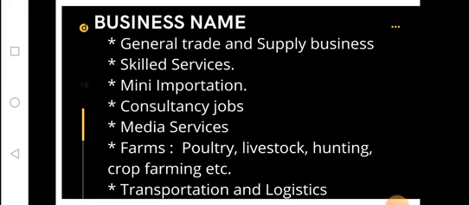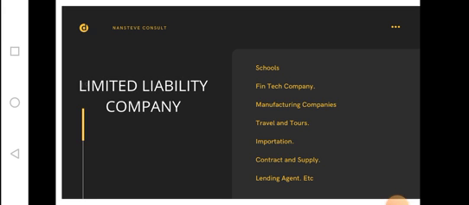So what other business? For the limited liability company, you need to register schools, fintech company, manufacturing companies, travel and tours, importation, contract and supply, lending agent. All these companies can only be registered as limited liability company. If you try to register them as business name, CAC will not approve it.